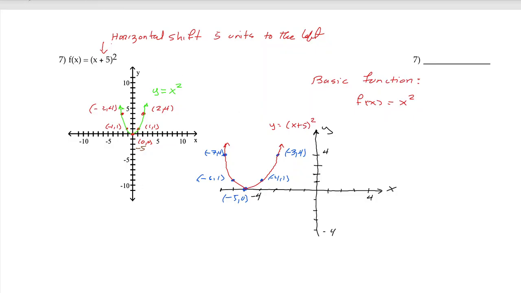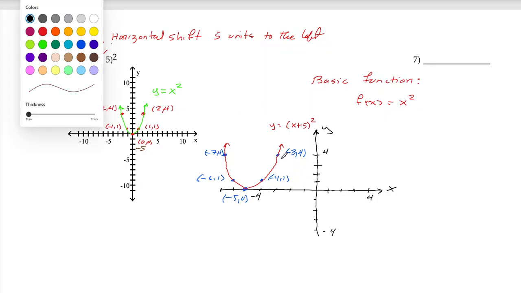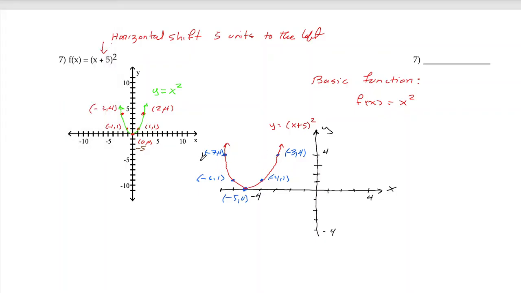If you want to double check if the graph is correct, you just pick one of the points, whatever point you want, this one. So the point minus 7, 4, you ask: is minus 7, 4 on the graph of the function? Easy. Let's see. Minus 7 is x and 4 is y.